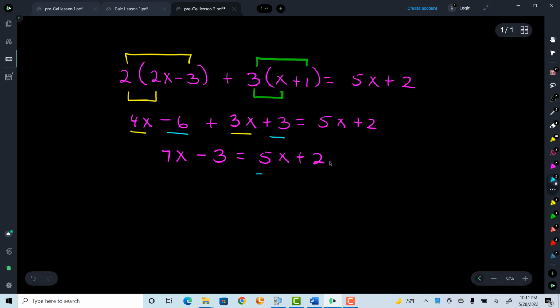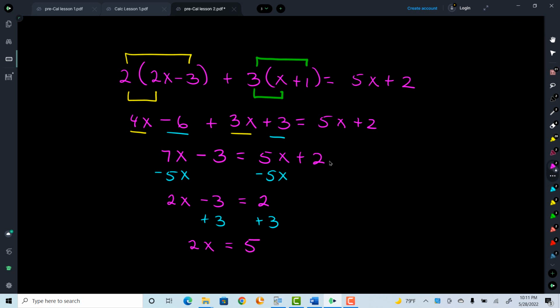So I'm going to subtract 5x from both sides. Now I could have subtracted 7x. I chose to subtract 5x because I like my x to be positive. So we get 2x minus 3 equals 2. So now I'm going to add 3 to both sides. Again, I want to get all the x's to one side and all the numbers to the other side. So we have 2x equals 5.